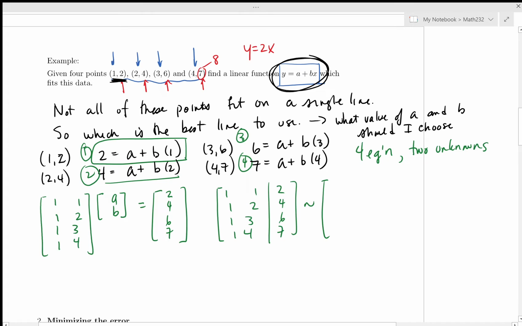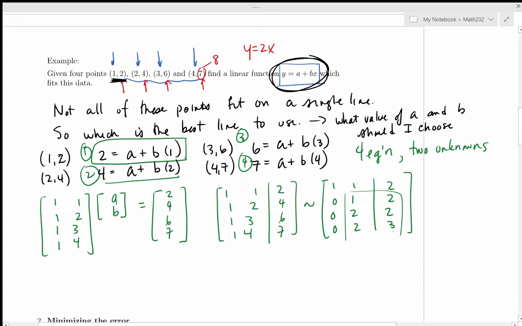Let me just take row 2 minus row 1, and then row 3 minus row 1, and then row 4 minus row 1. Okay, and then we would stop here, and we would look here.